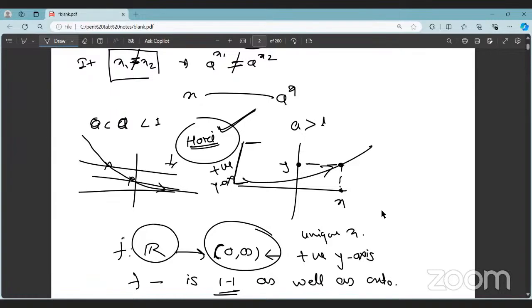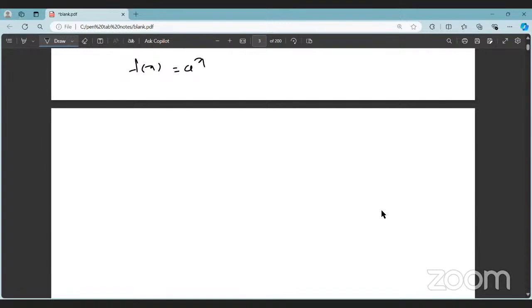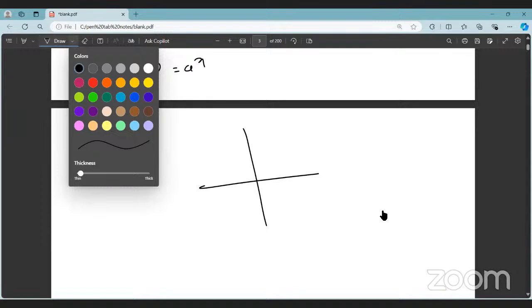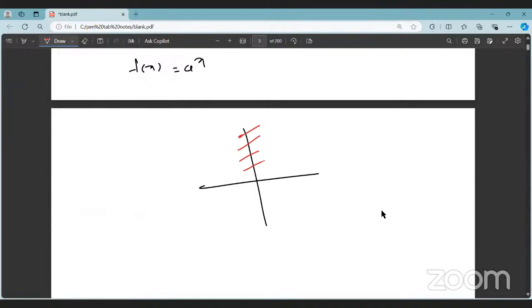Now, if we restrict our codomain towards this positive y-axis, then we get that for every y there is a unique x such that y is equal to a to the power x.